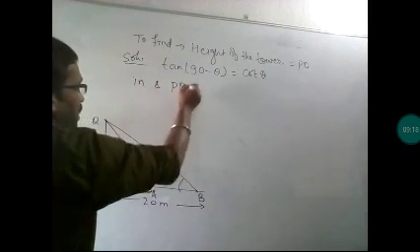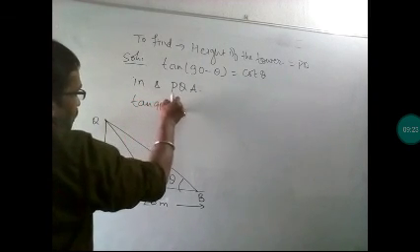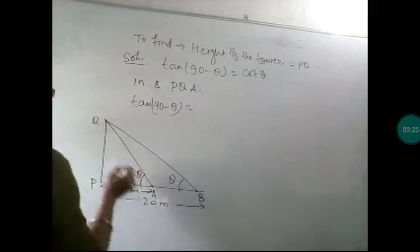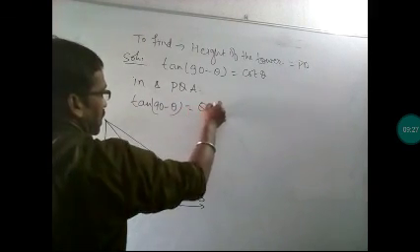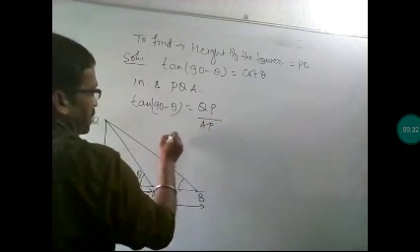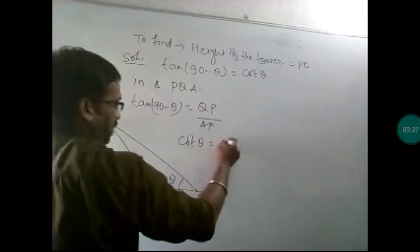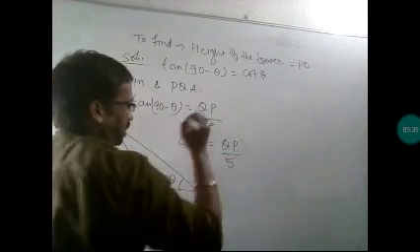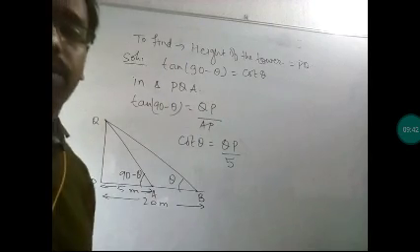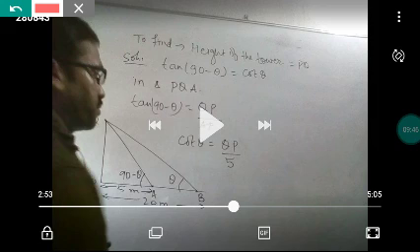So in triangle PQA, tan(90 minus theta) is equal to P by B, that is PQ by PA. Tan(90 minus theta) is cot theta, so cot theta is equal to QP by AP, and AP is given as 5. This distance is given as 5 meter in the question only. So we have taken this.